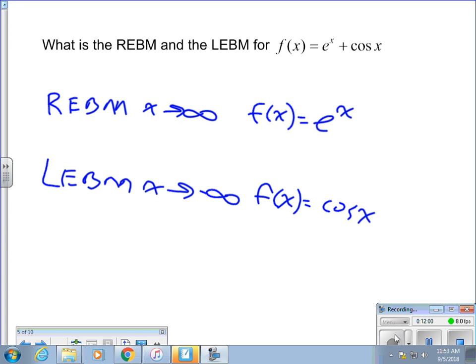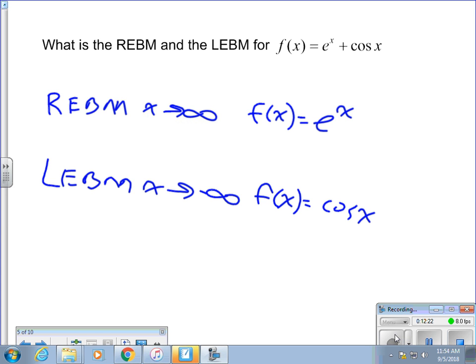What are right and left end behavior models extremely useful for? Finding horizontal asymptotes. Because your horizontal asymptotes are only going to work out at the extremes, and right and left end behavior models are what's going on out at the extremes.